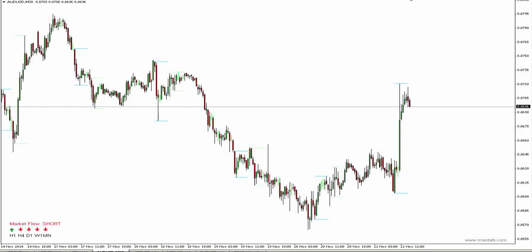I've been following this pair very closely recently, and I believe there was some nice price action going on this week, as well as from the beginning of the month, as you guys are probably going to be seeing.